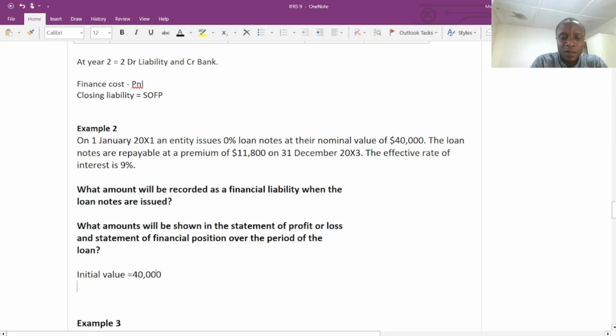So now the interest paid is at 0%. On an annual basis, we are not going to make any cash payment to our loan provider. But at the end of the loan period, we are going to pay a premium in addition to the 40,000, of 11,800.